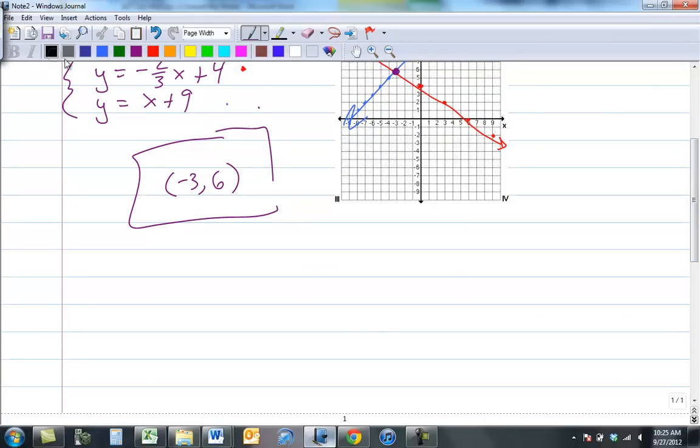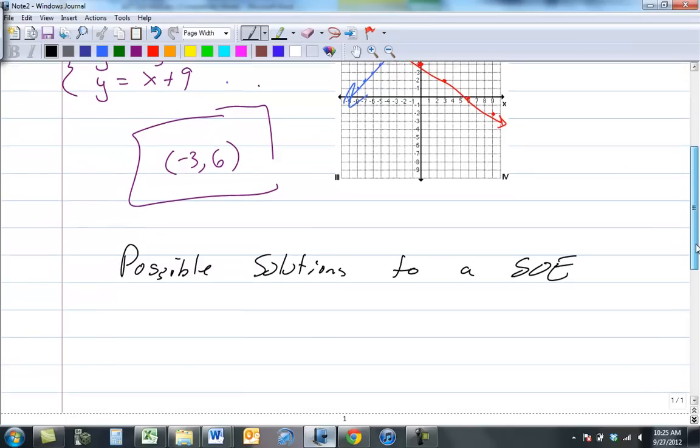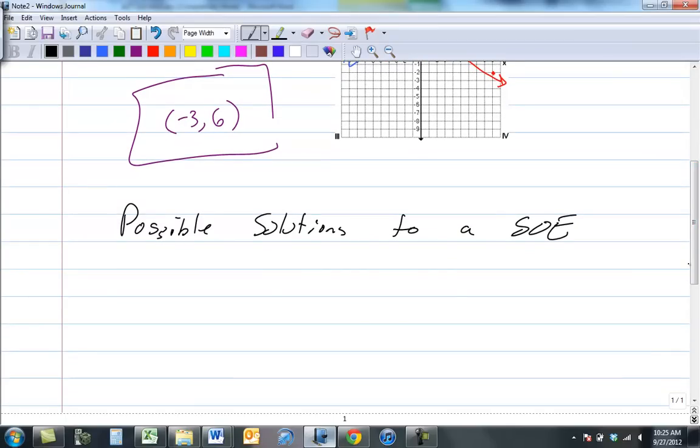Now, let's talk about the possible solutions to a system of equations. Let's say that we had a system of equations similar to the one that we just graphed.